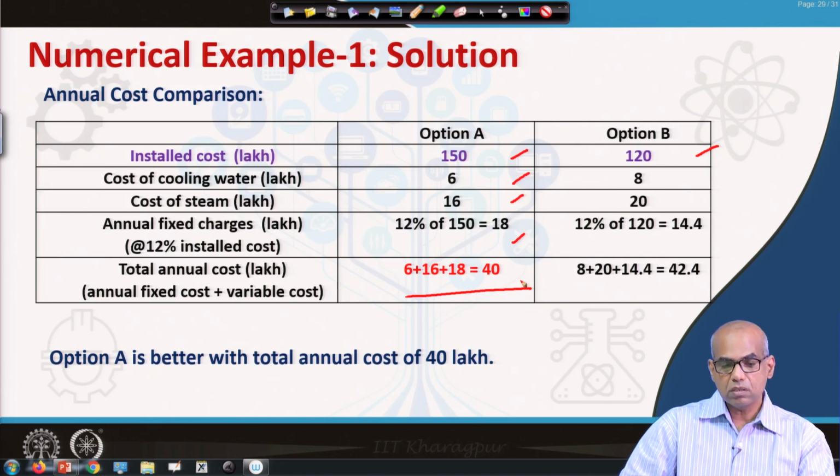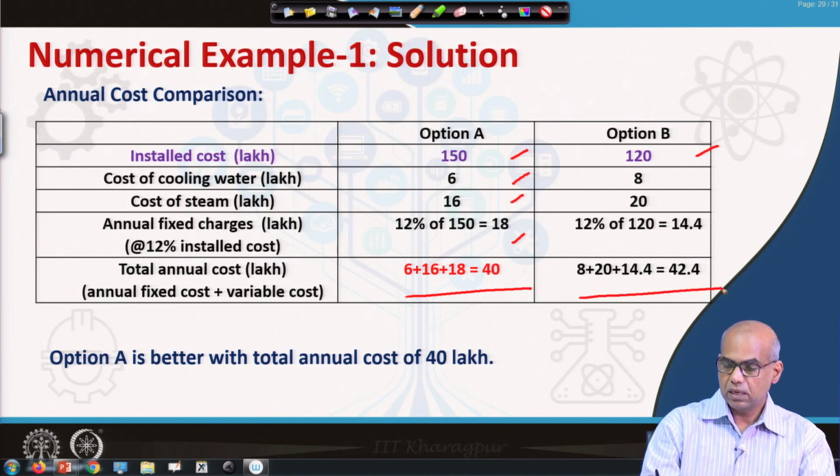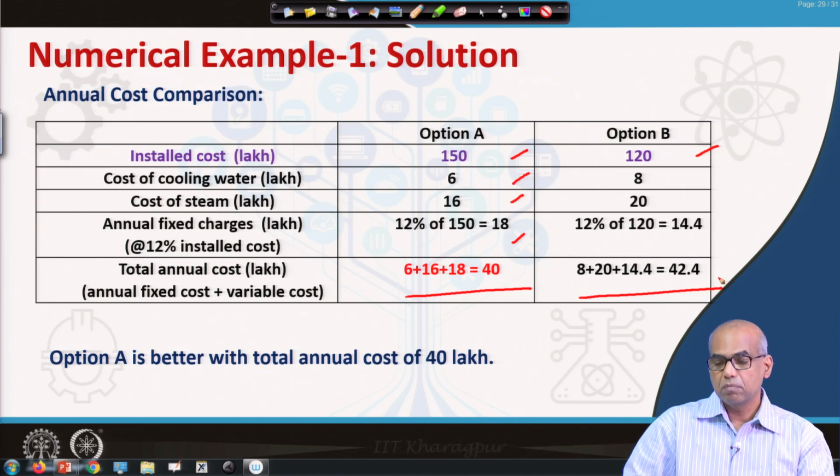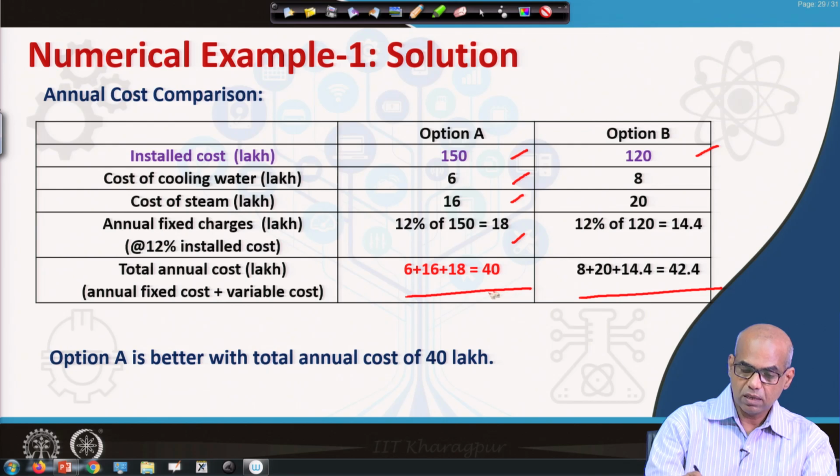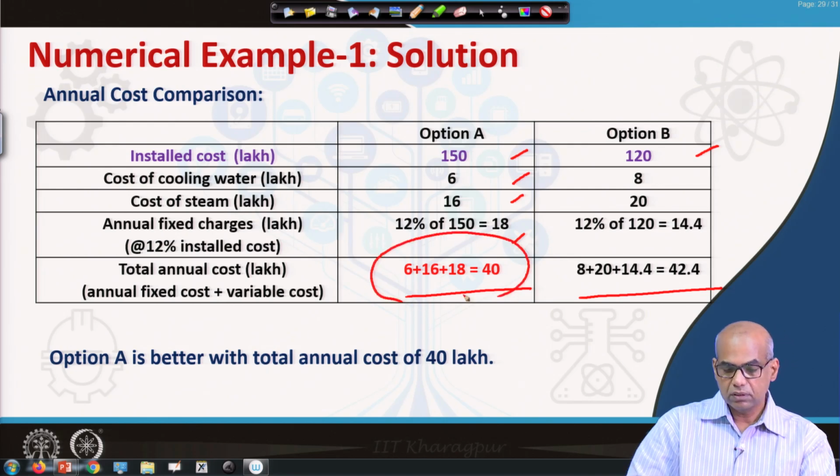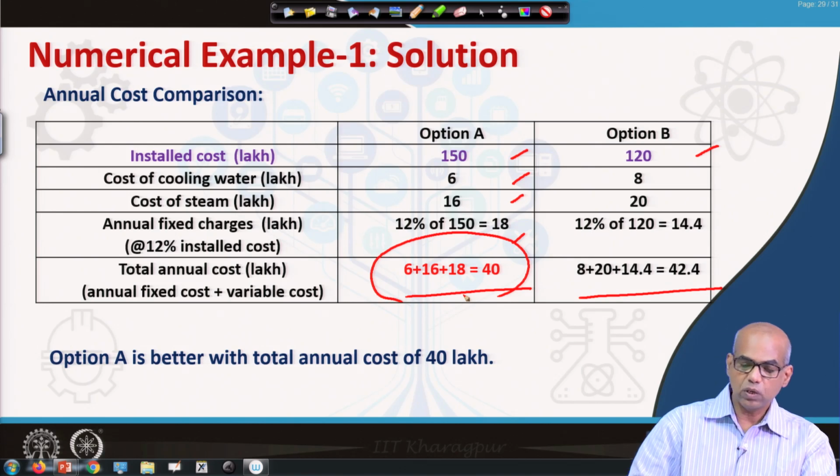So, annual cost for option A is rupees 40 lakhs. The same way we calculate annual cost for option B, and it will be 42.4 lakhs. So, obviously, option A is a better option and it has total annual cost of rupees 40 lakhs.